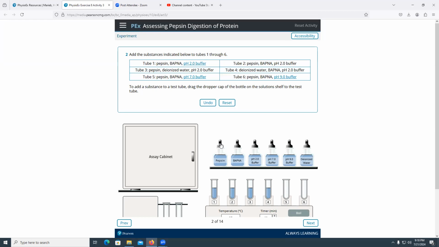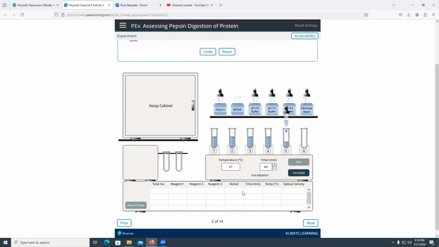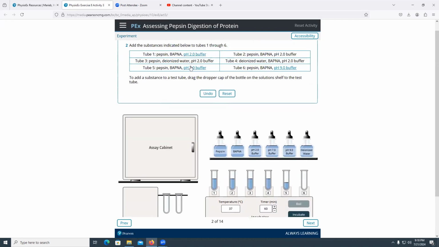Then you're going to have pepsin, that's my enzyme, and you're going to have BAPNA, and that is my substrate. My temperature is optimal, but my pH is 7. That approximates the pH of the mouth. That is not the proper pH of the stomach.